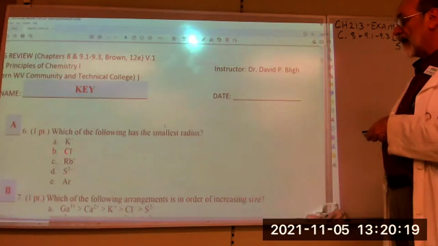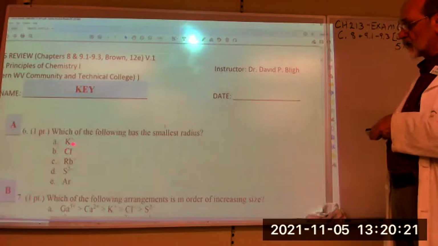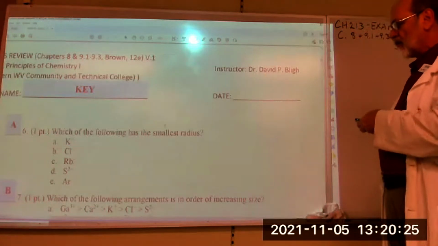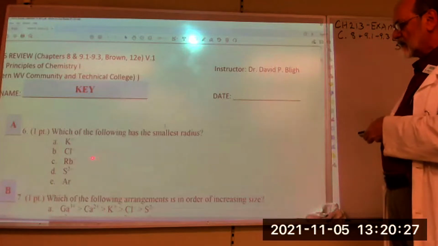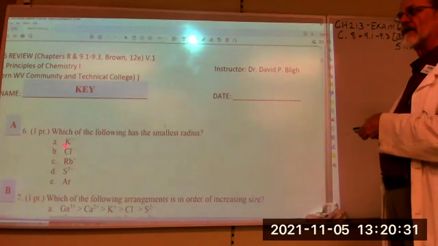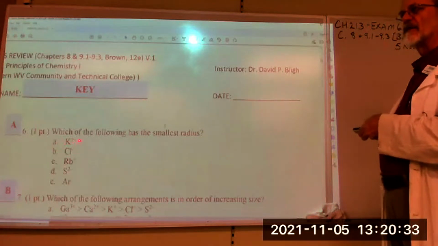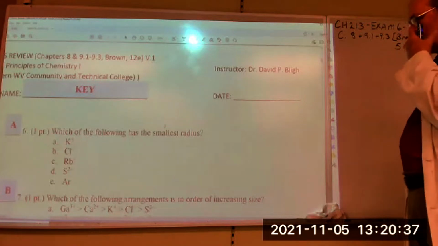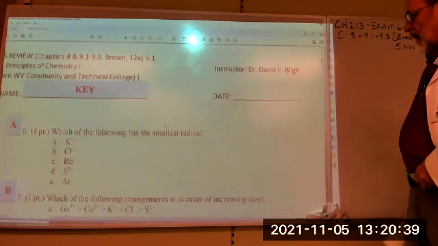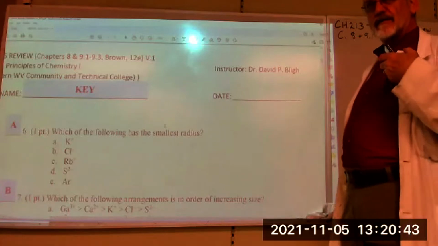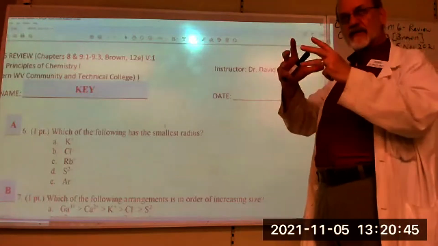But chlorine, now look at chlorine. Chlorine's got this extra electron, which makes it go like that. So probably the smallest ones would have to be a positive charge. And potassium, you know, that's not even a fair question because we didn't work on ion size except to say that if you make a positive ion, it decreases the size.